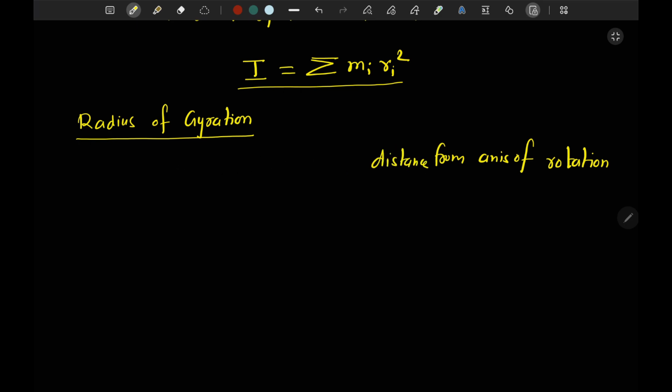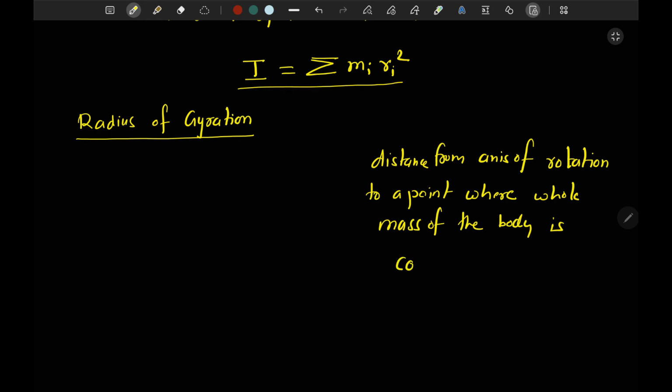Distance from axis of rotation to a point in the body where whole mass of the body is concentrated.